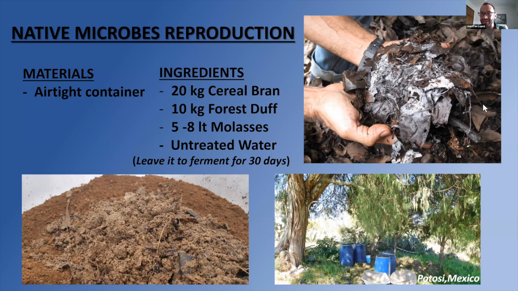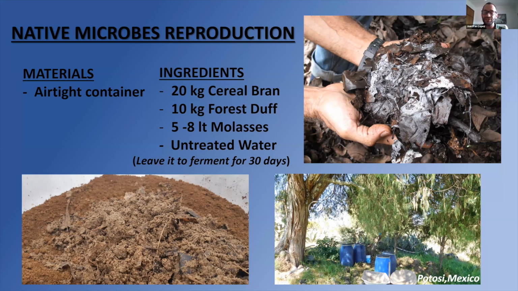We go and collect the microbiology from a healthy forest. There, we have the microbiology that performs all the functions in that system. The aim of this agriculture is to transfer those benefits from natural and healthy ecosystems to a conventional or managed land, transferring all the information through the microbiology.